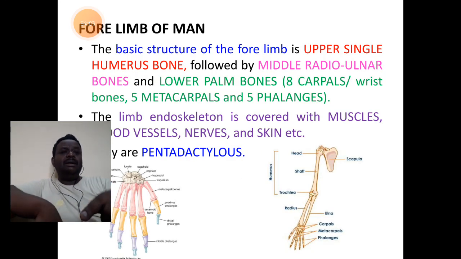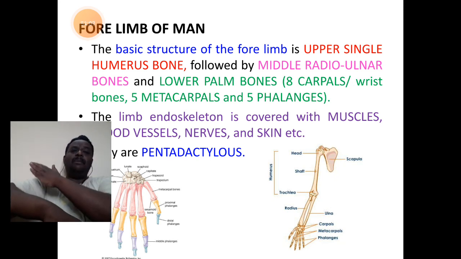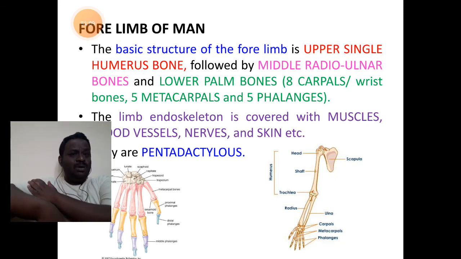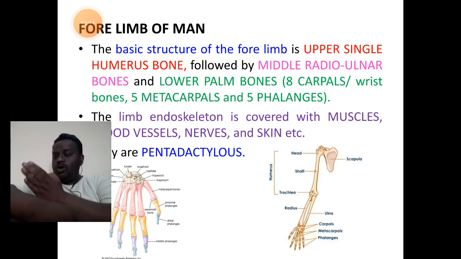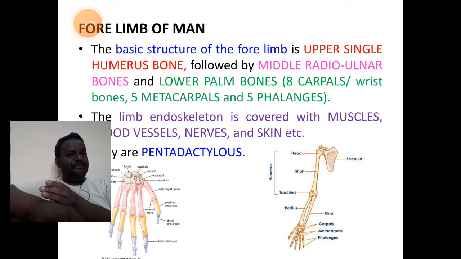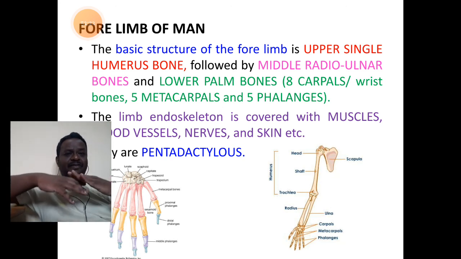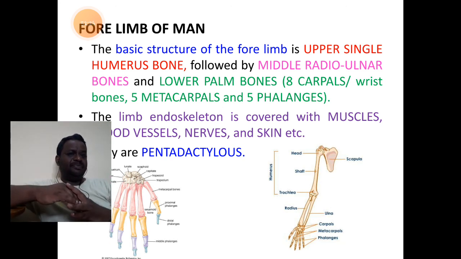How are they? So, basic forelimb structure shows an upper single bone of humerus, followed by 2 bones called radio-ulnar bones, followed by 8 carpal bones of wrist bones, then 5 metacarpal bones and 5 phalangeal bones.